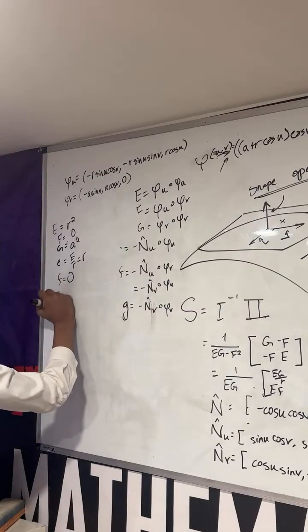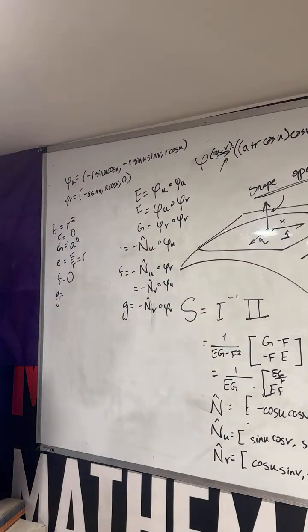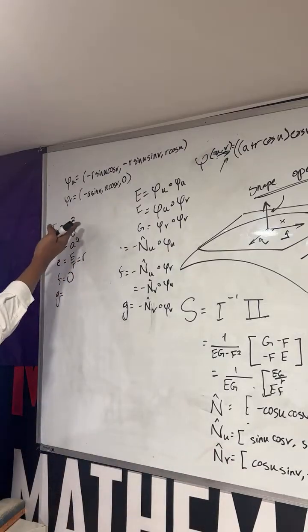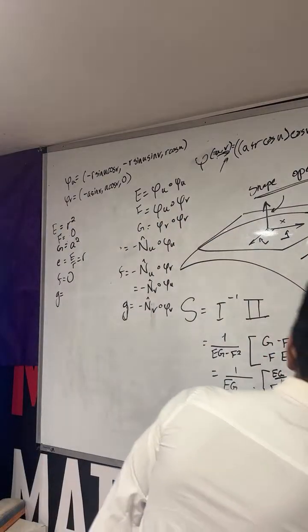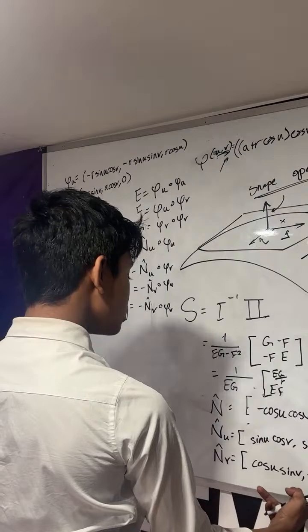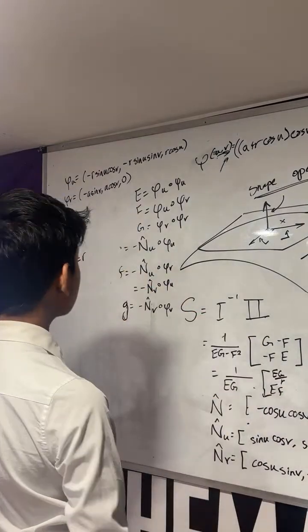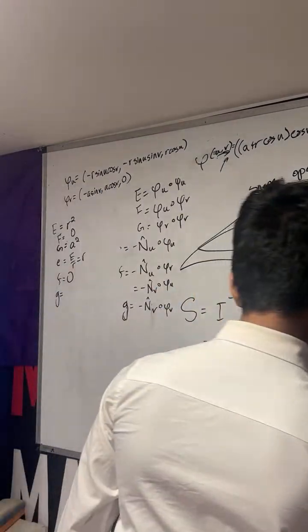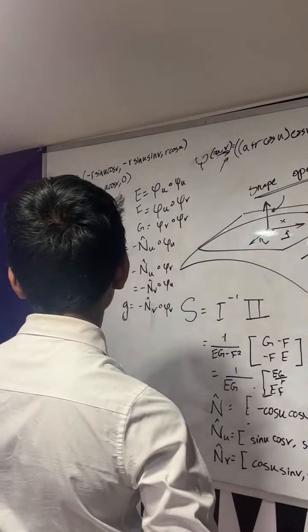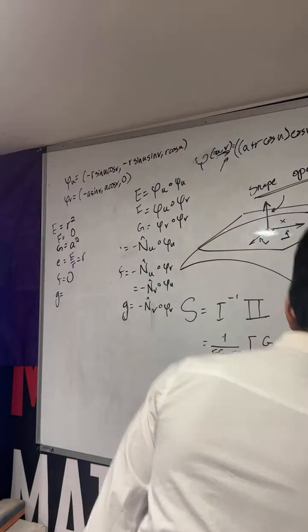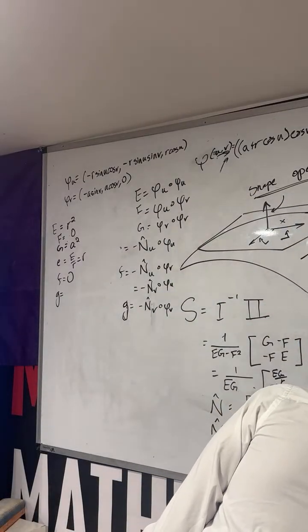Okay, and finally, what's g? Well, minus a sine v, a cosine v, 0, cosine u sine v. If you look closely, this one is also a multiple of sine v, minus cosine v, 0. This time, it's just minus 1 over a multiplied by cosine u 5e.